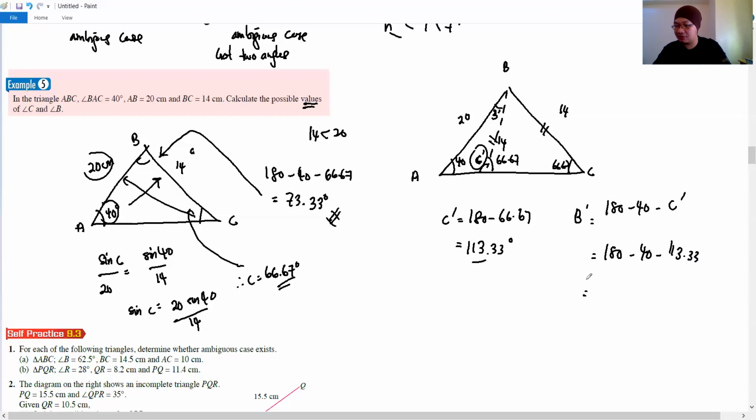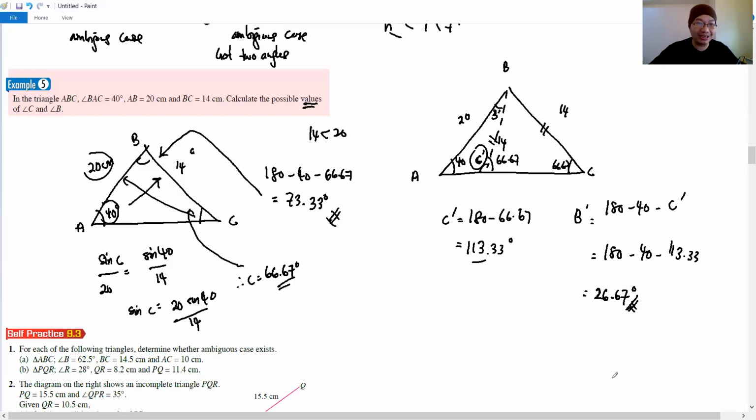Then the final answer will be 180 minus 40 minus that answer. Your final answer will be 26.67 degrees, right? Can you see? So that is the answer for example 5. So we got two different answers for angle B. We got two different answers for angle C because of the ambiguous case.